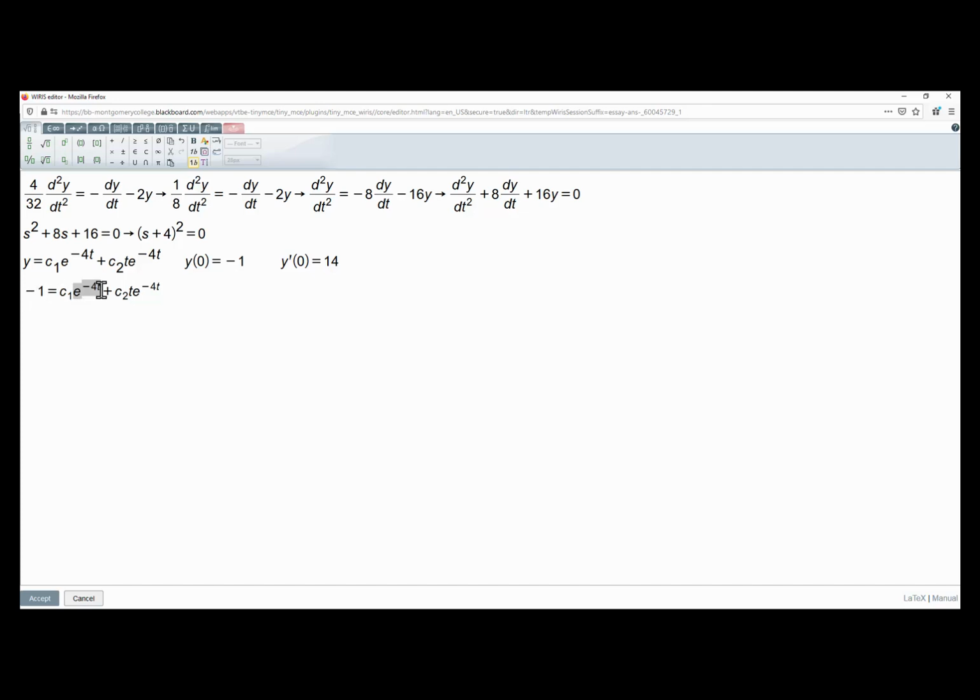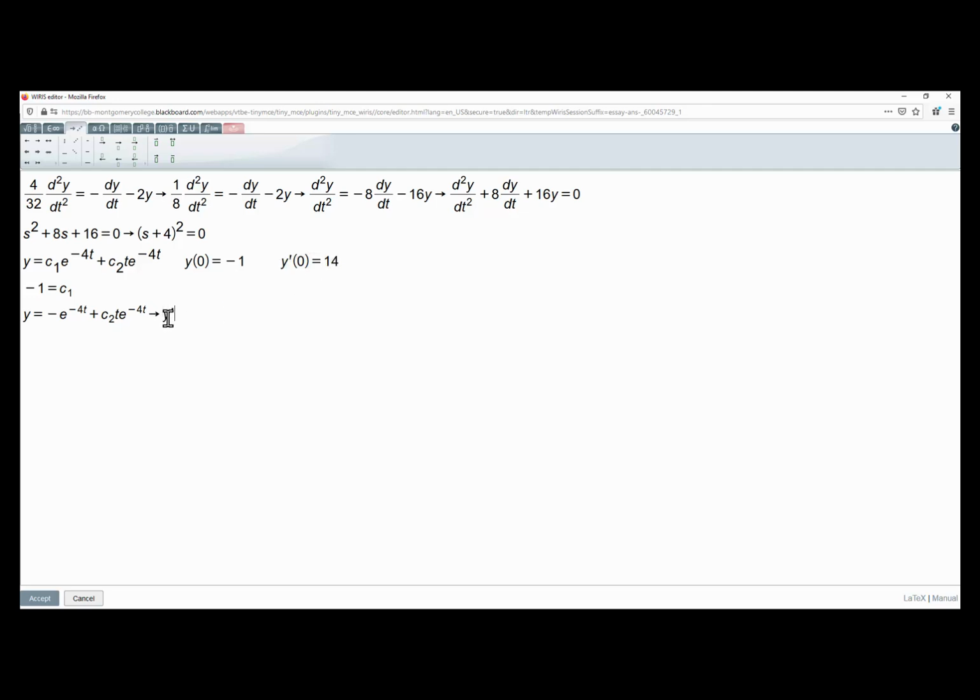When t is 0, this quantity is 1, and because t is 0, this becomes a 0. So we got c1 equals -1. So we have y equals -1 times e to the negative 4t plus c2 t e to the negative 4t. Now we will determine the quantity c2 using the other condition.